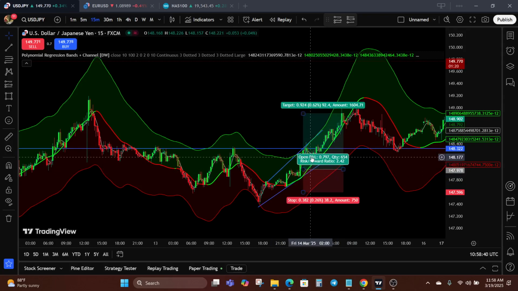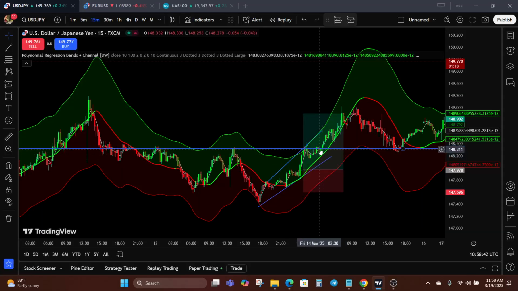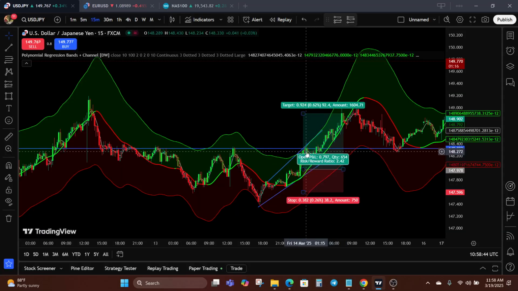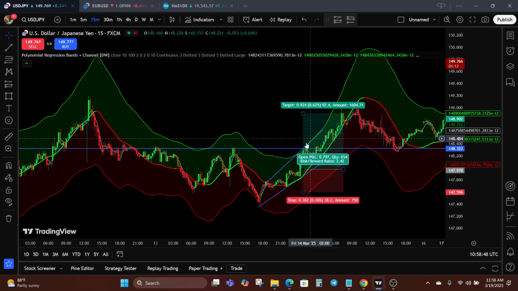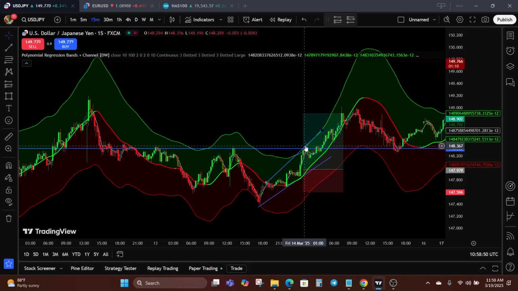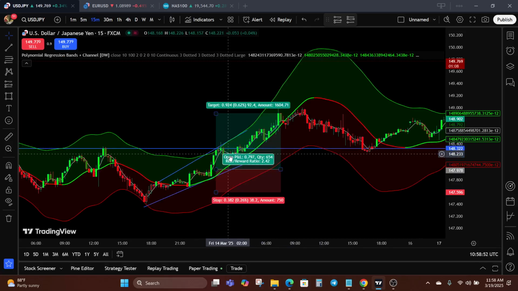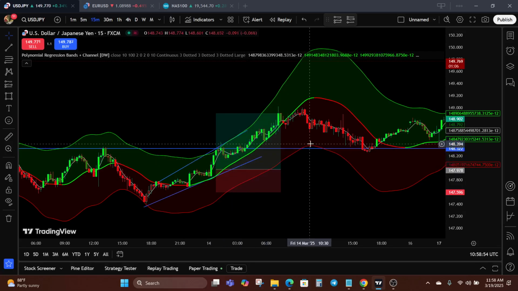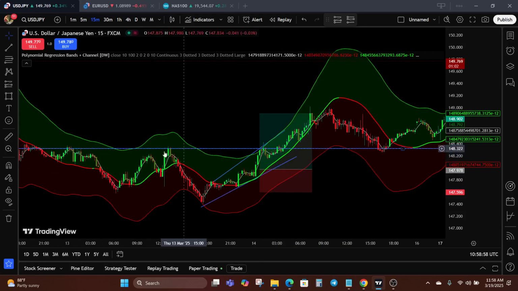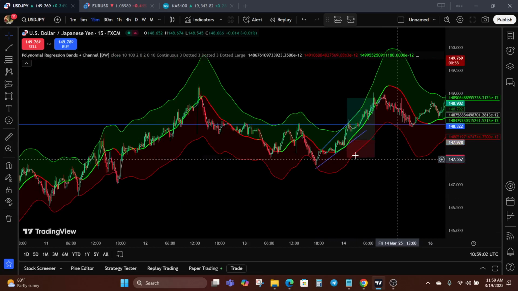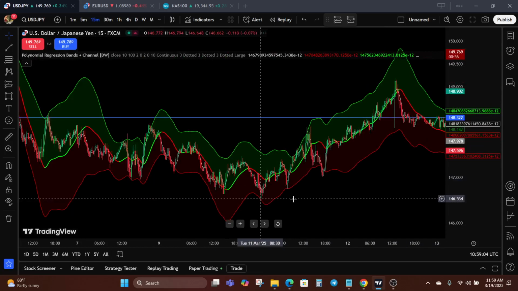Suddenly you will notice that the price will pierce through the upper band. Can you see that price pierced through the upper band here, and then it got rejected at the middle band and started trending upwards again. And if you notice that it has broken out of your horizontal resistance, then your breakout has been confirmed. Now let's look for another example.